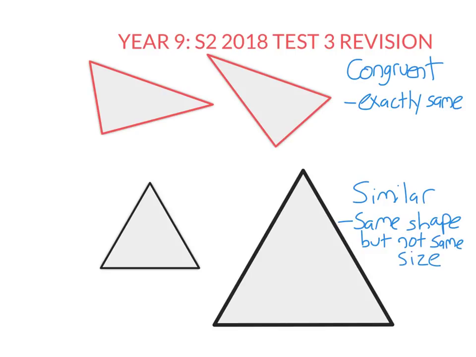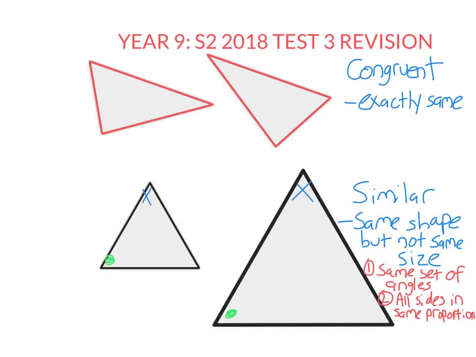So in order to be the same shape but not necessarily the same size, we need two conditions. So we need them to have the same set of angles and we need all the sides to be in proportion. So corresponding angles must be equal. So if these two shapes are going to be similar, then this angle and this angle would need to be the same, and so too this angle and this angle, and also this angle and this angle.